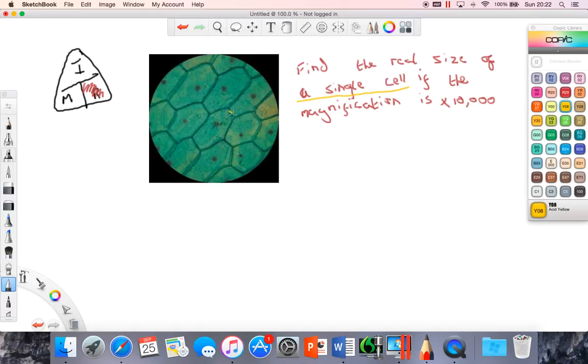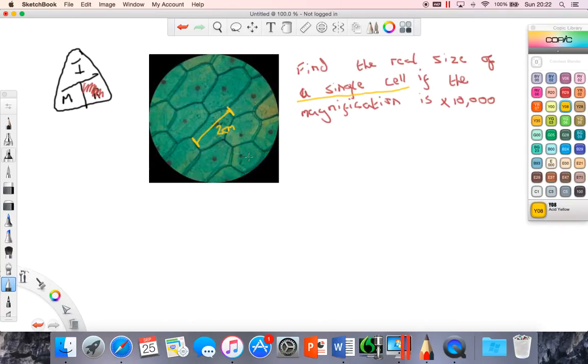So what I would do here is pick a cell, say this one. I would get a ruler and I would measure from there to there. Okay? So let's say, for argument's sake, that this is 2 centimeters. So we've measured 2 centimeters. Now, we said earlier that cells are not measured in centimeters.